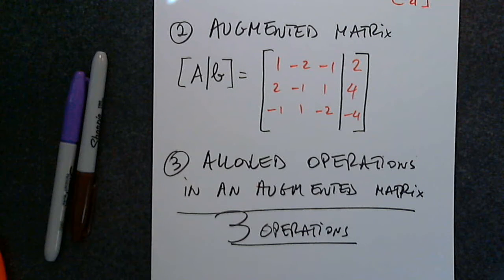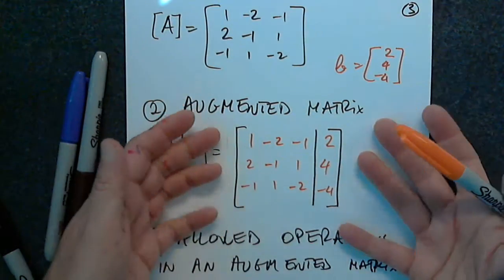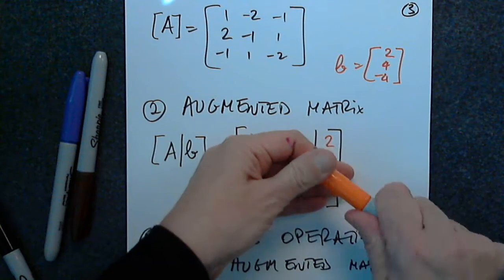And now I'm sure that you are asking yourselves, what are you trying to do? Forget about those operations. What are you trying to do? Here's what I'm trying to do, and then we'll talk about the operations. I want to change this augmented matrix to look like this.